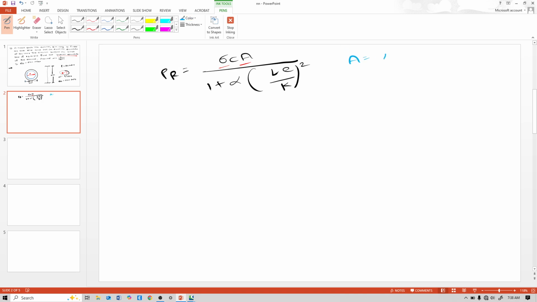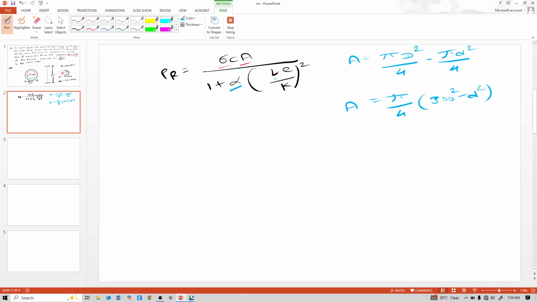A is equal to pi D square by 4 minus pi small d square by 4. So pi by 4 is common, D square is 300 square and minus small d square, like that. This alpha is also a given quantity.